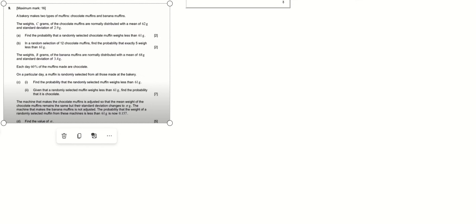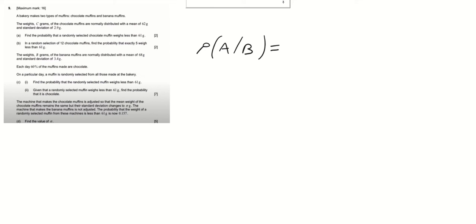Now C2, given that a randomly selected muffin weighs less than 61, find the probability that it is a chocolate one. So since we have a given, this is a conditional probability question, and we have this formula which I can write down right away.